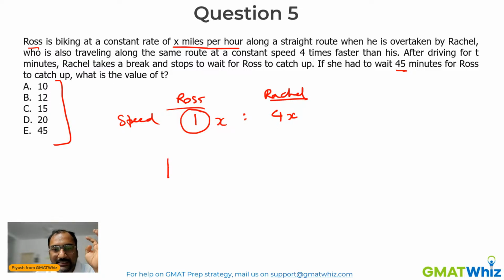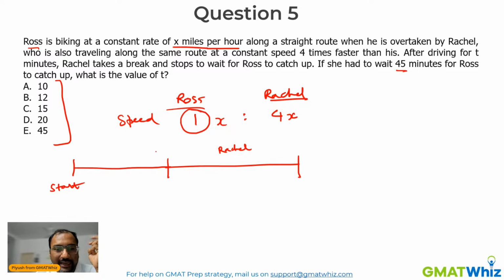So what is happening is that, let's say this is the point when they started. I'm just going to put the starting point a little behind, and let's call this Ross's position at the point when Rachel stopped, and this is Rachel's position.